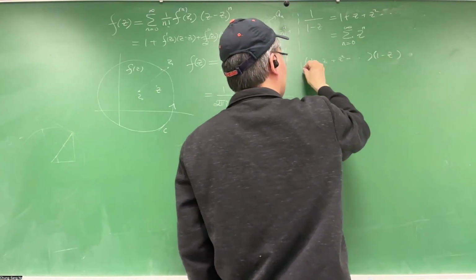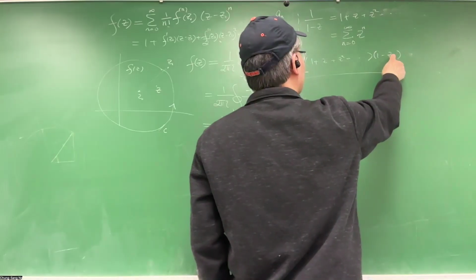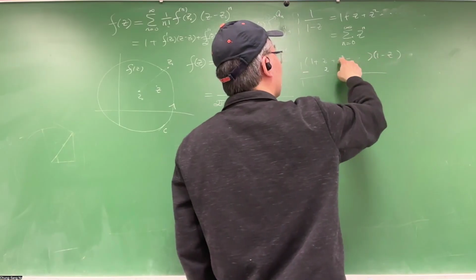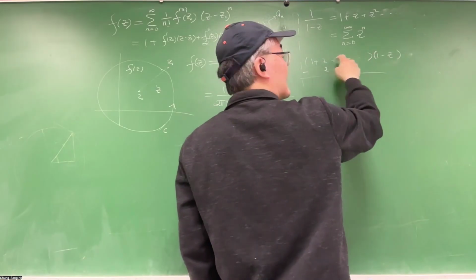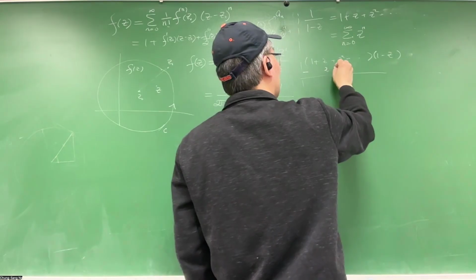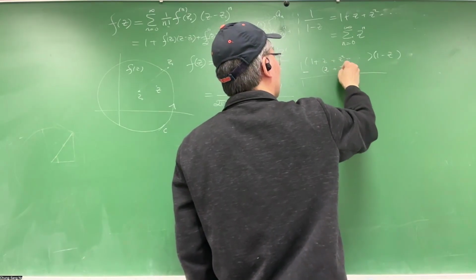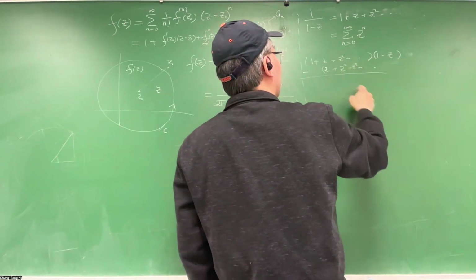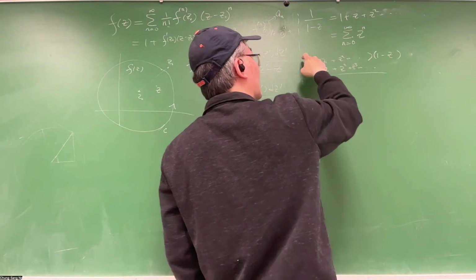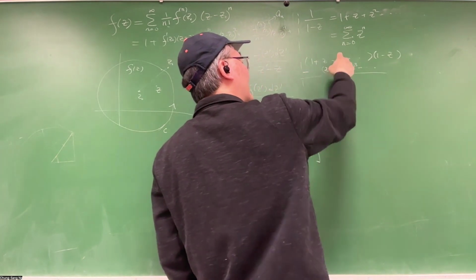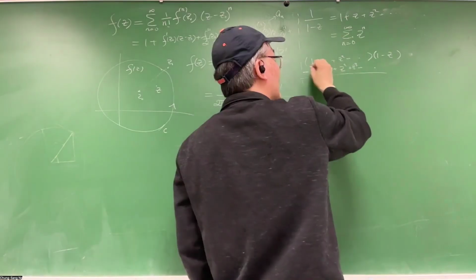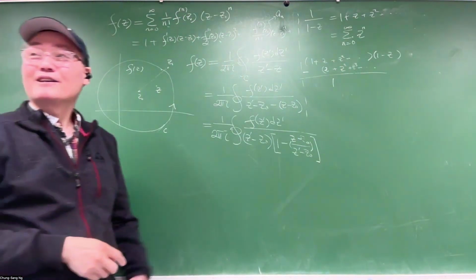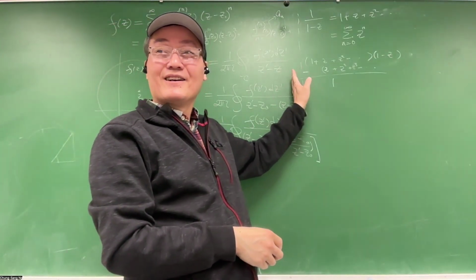So z times 1 is z, and z times z is z squared. So the whole thing in a bracket is z plus z squared plus z cubed, everything. You see that all the other terms cancel because of the minus, this minus that, everything cancels. Finally it is just 1, right? You see that? Okay.